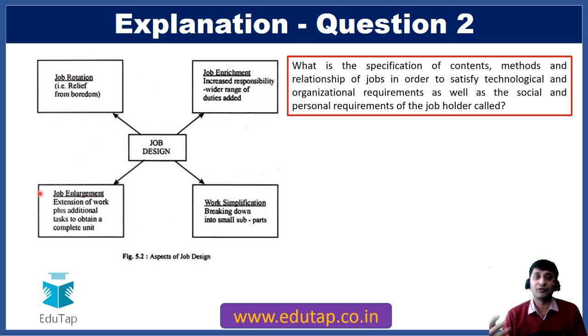It will just be an overload of work for you, where you would be doing the job of your colleague also, who has gone on a leave, or who is not doing his work properly, and therefore your boss has assigned your colleague's work to you. Any of those can be reason. But I hope you have understood about job rotation, job enrichment and job enlargement, and the right answer is job design here. The idea is to relate to the keywords, relationship of jobs, technological requirements and social and personal requirements.